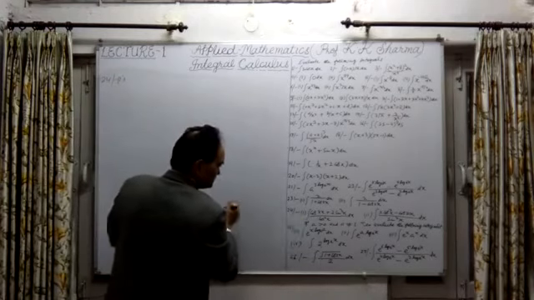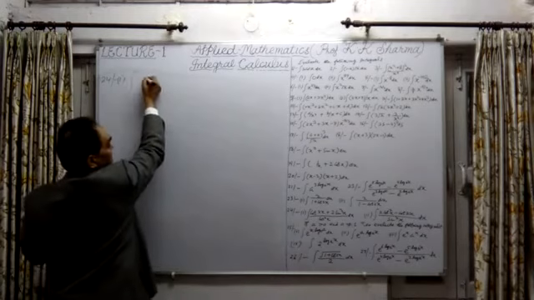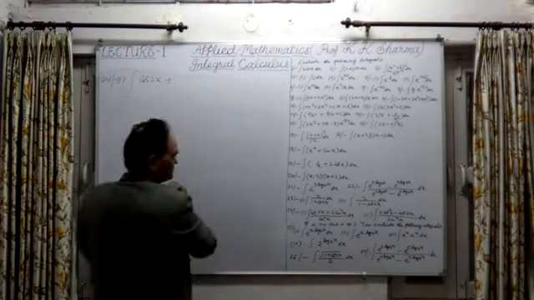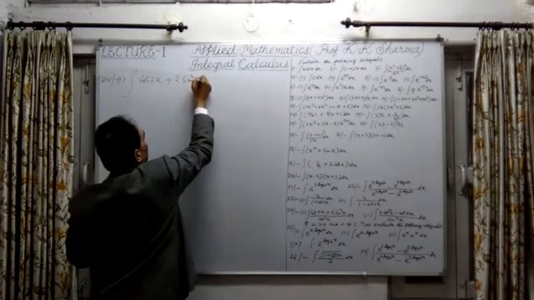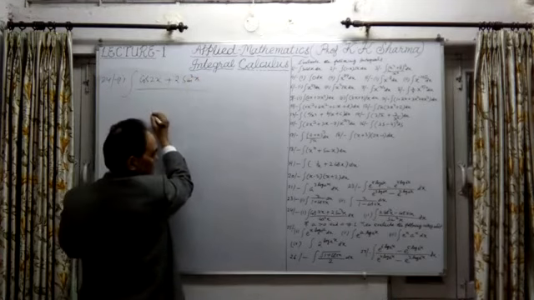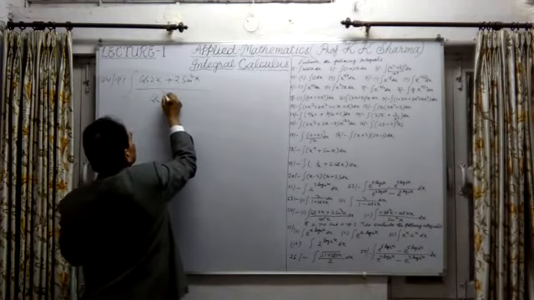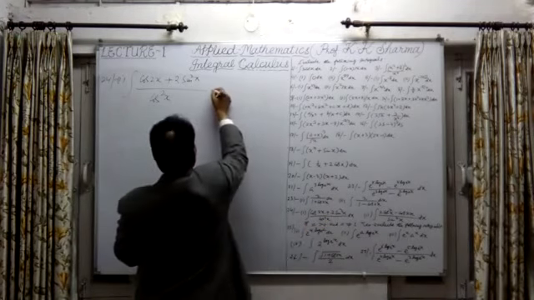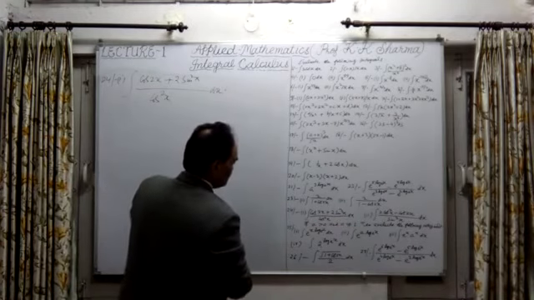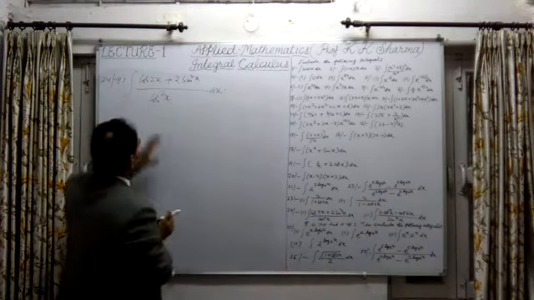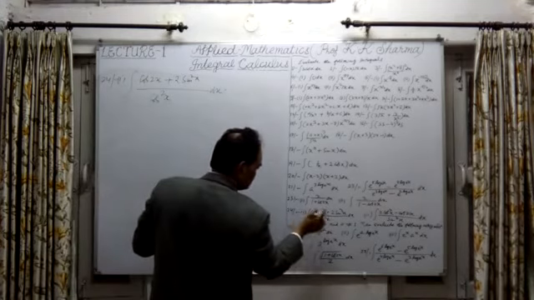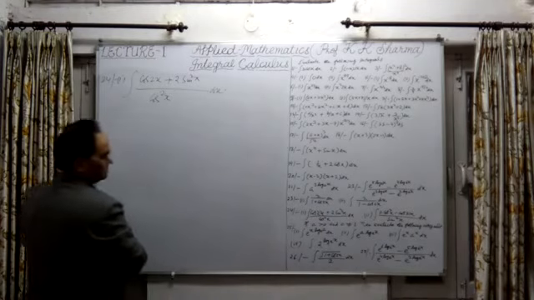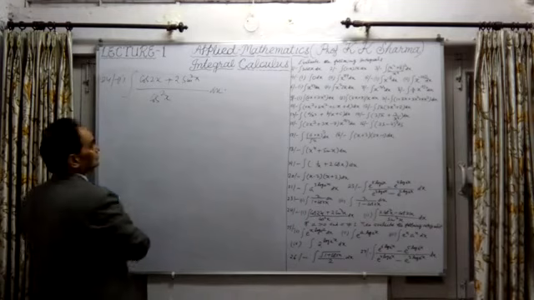This is the integration of cos 2x plus 2 sin square x divided by cos square x into dx. The denominator we have is cos square x. So this is cos 2x plus 2 sin square x. Now we know what cos 2x is in terms of sin square x.